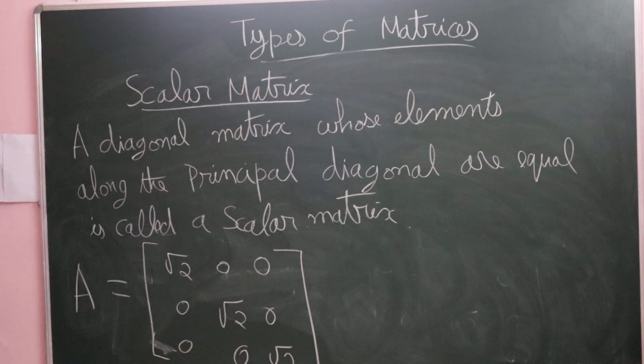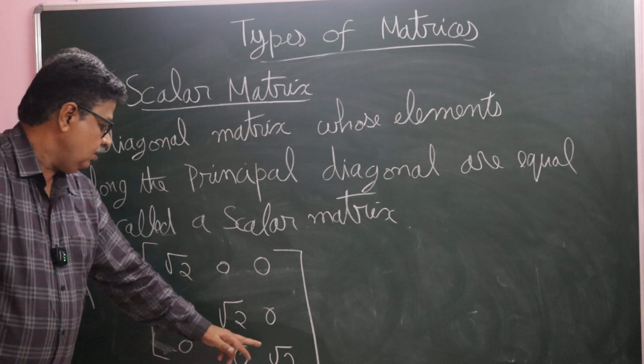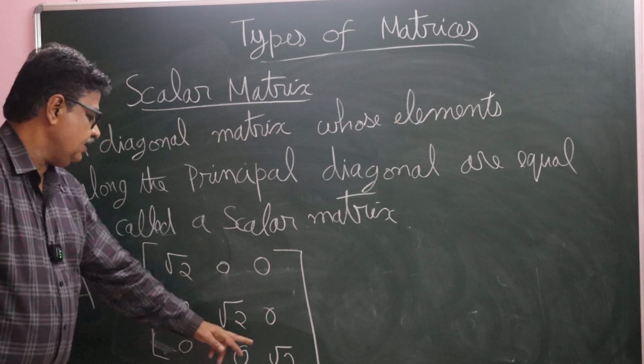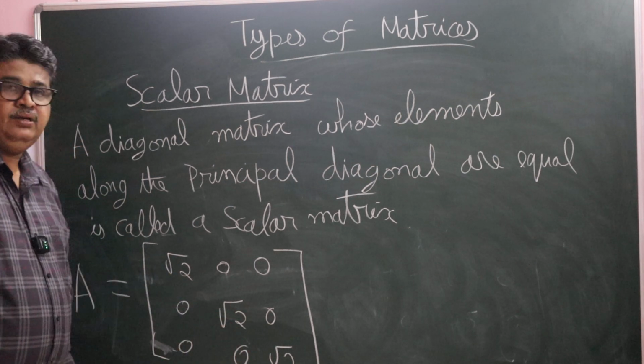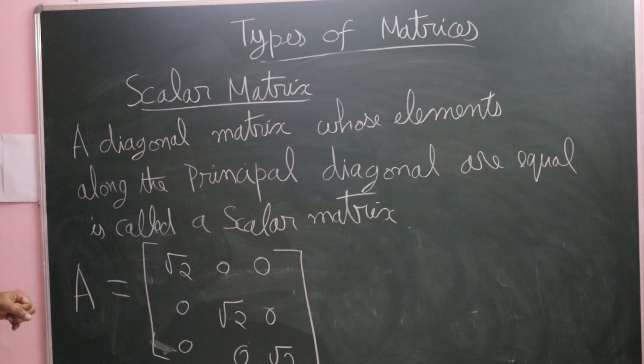See, this is a scalar matrix. It is a diagonal matrix. All the elements along the main diagonal are equal. So it is a scalar matrix.